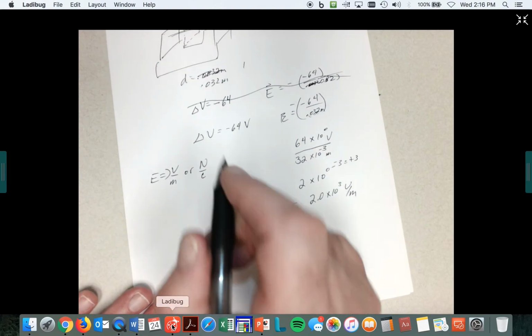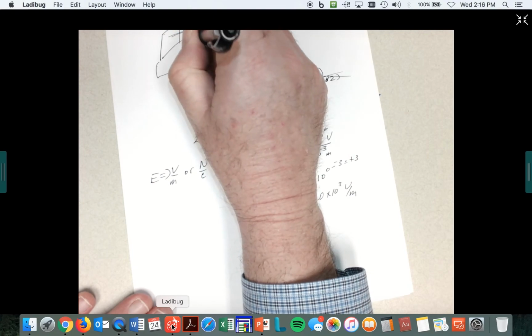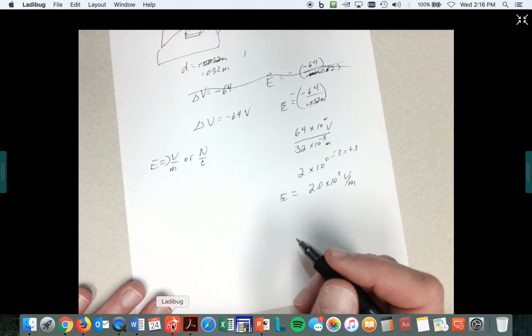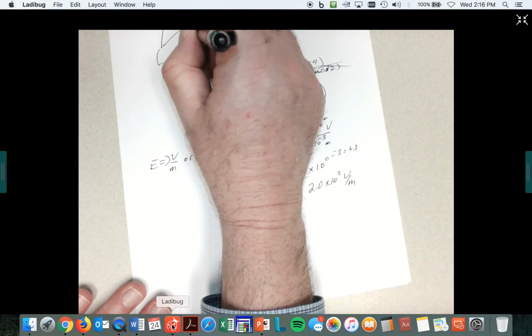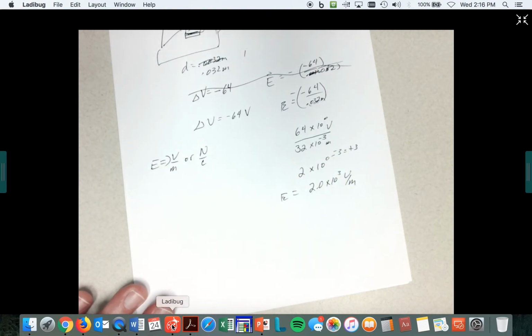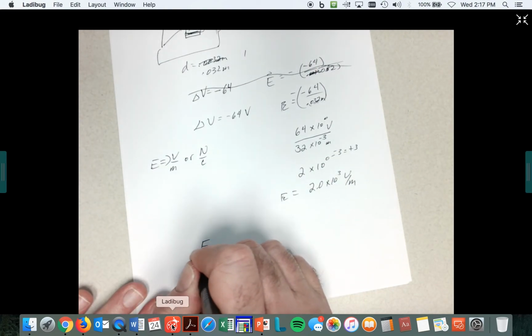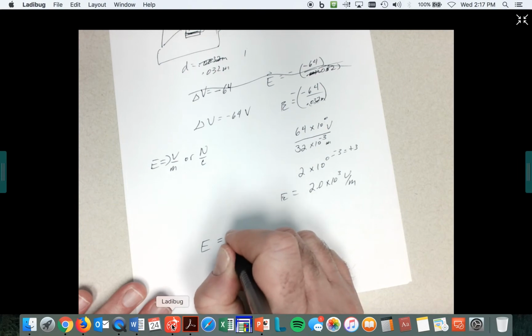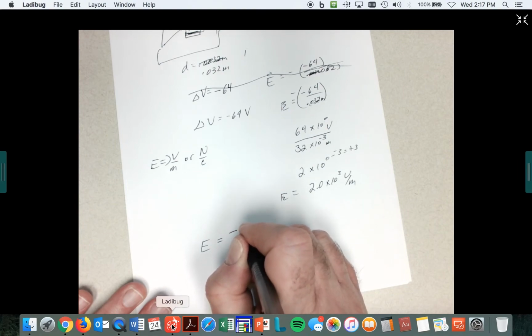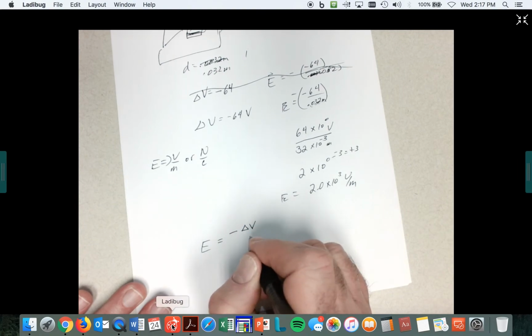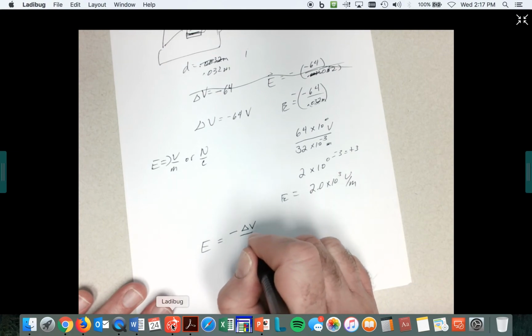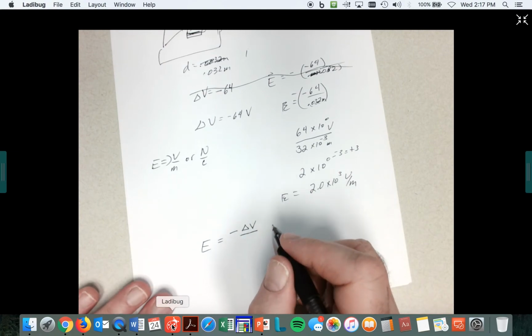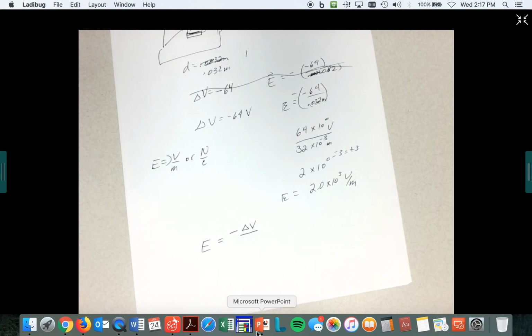Okay, so now they want me to find the spacing between these two surfaces. Well, I know then that E is equal to the negative change in voltage over the change in S. What were they saying?